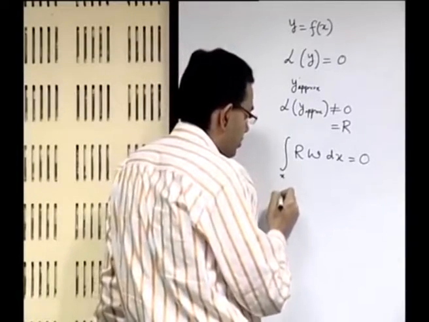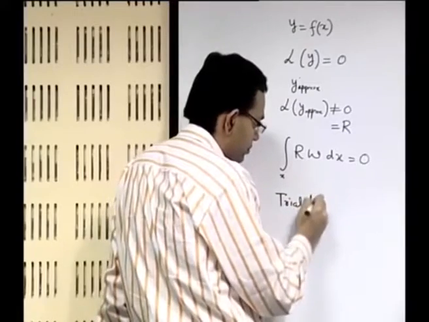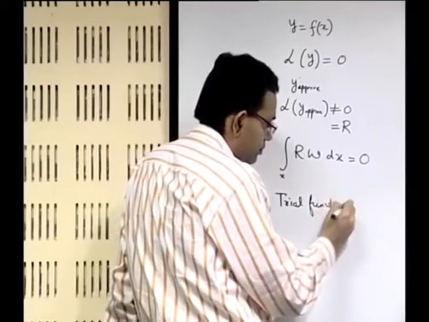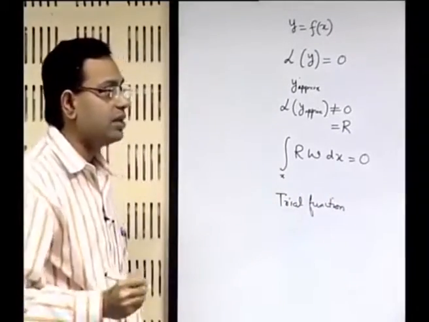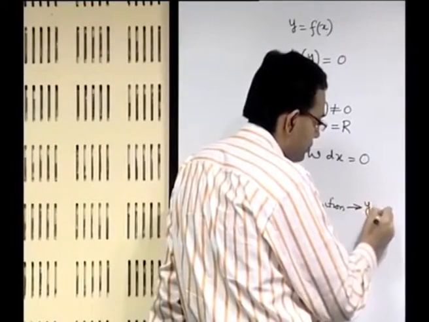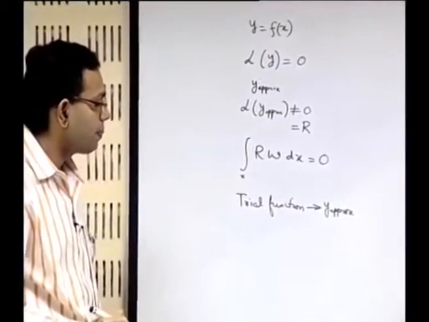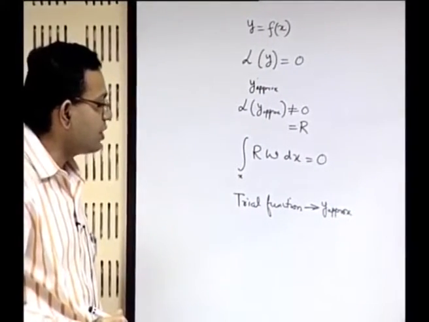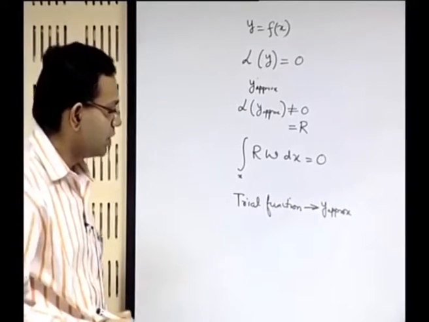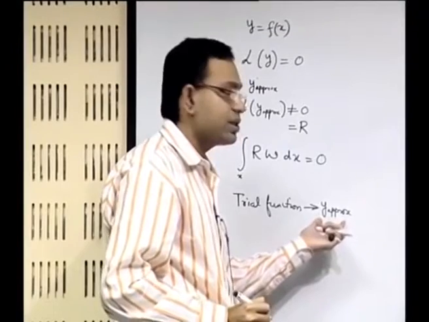So, first terminology is the trial function. The trial function is nothing but the y approximate and in this trial function the y approximate can be chosen in many ways.